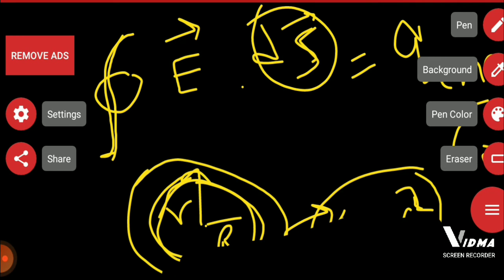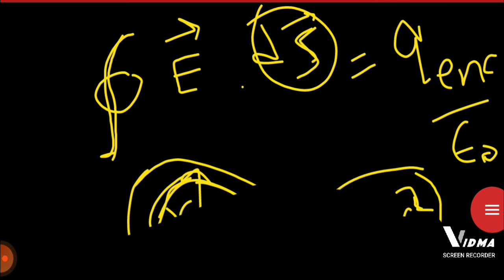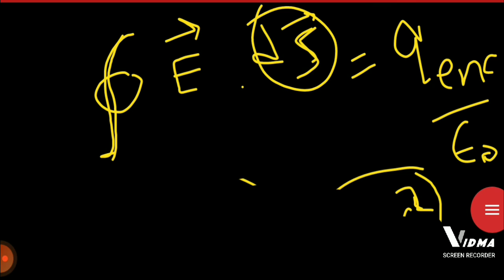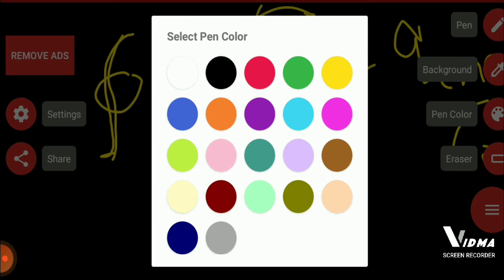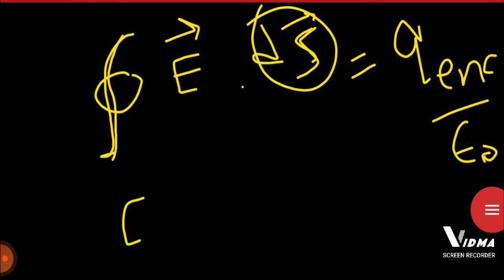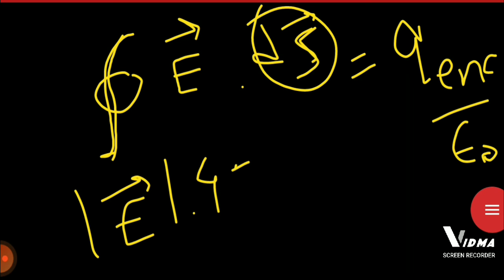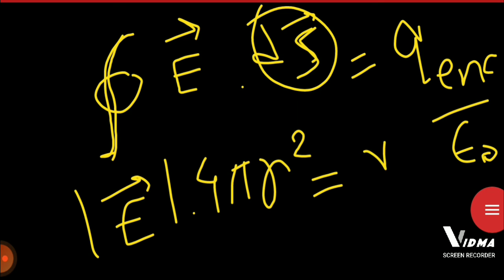We have imagined a Gaussian surface of radius small r, and the sphere has the radius capital R. So for the smaller radius, the area element will be E times 4 pi r square, and the enclosed charge is q by epsilon naught.